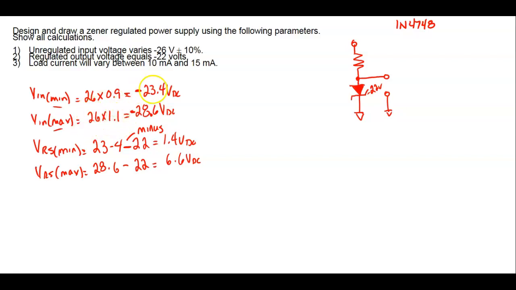So what we did is over here we calculated the minimum voltage, right? You understand? Down here we calculated the maximum voltage. So this is reducing it by 10%, and this is increasing it by 10%. That makes sense? Now, why didn't I use minus over here?